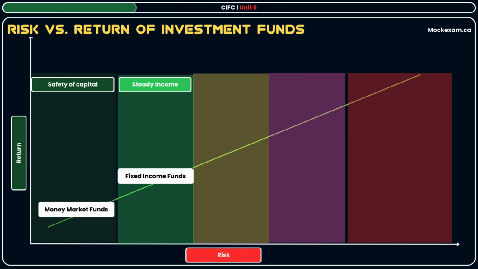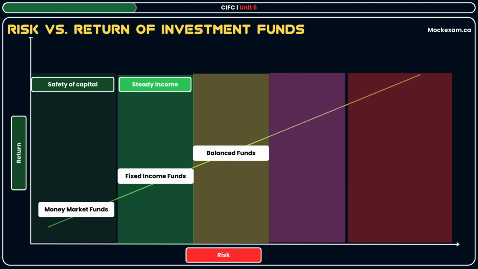What do the bonds do? Bonds have coupon payments. So every 6 months a bond, for example, gives a payment and interest income. Okay, so the risk and return is higher than money market funds, and the whole purpose of fixed income funds is steady income.